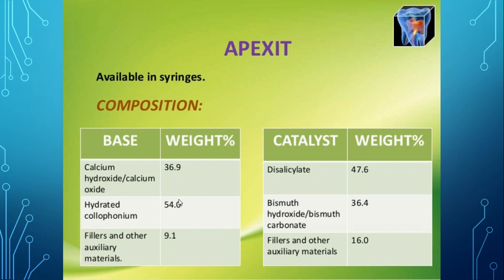Catalyst includes disalicylate, which is 47.6% by weight, bismuth hydroxide or bismuth carbonate, which is 36.4% by weight, and fillers and other auxiliary materials, which are 16% by weight.